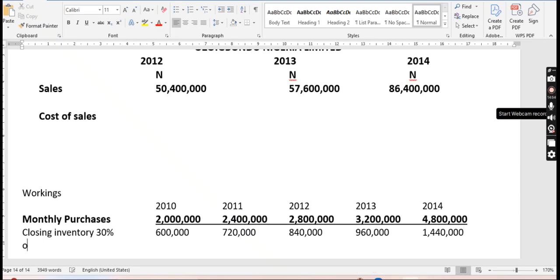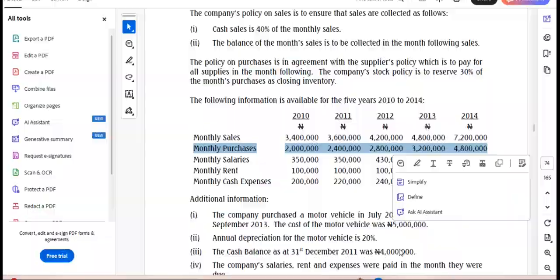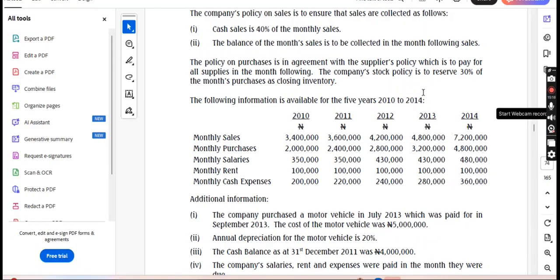Then opening. If you want to determine your opening inventory, how will you determine it? That will be the purchases minus closing inventory. When the question says that if you want to get your closing, it will be 30%, just follow what the question says.